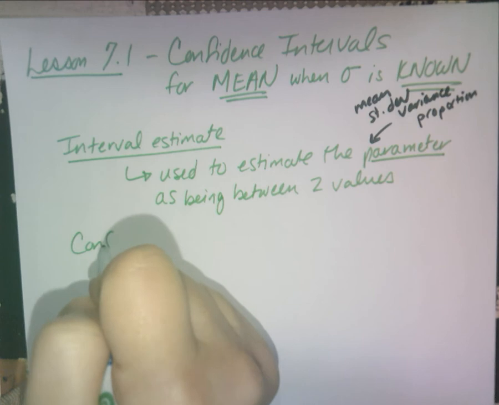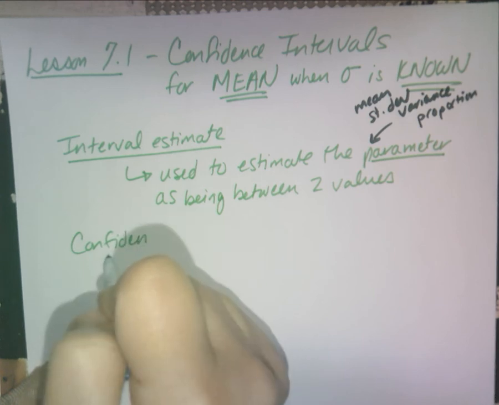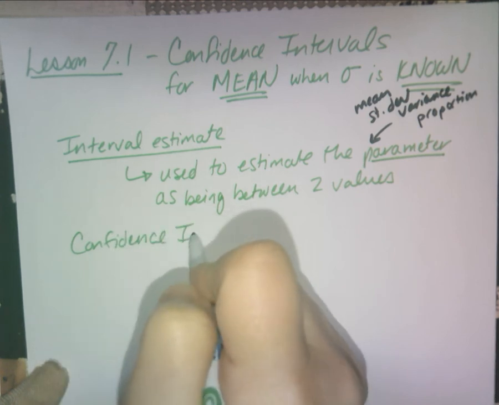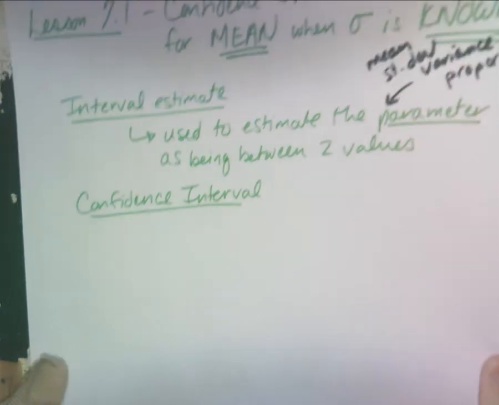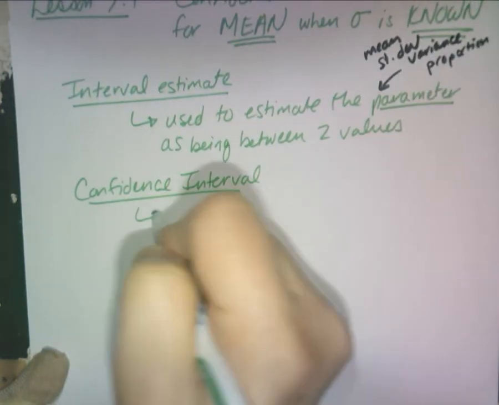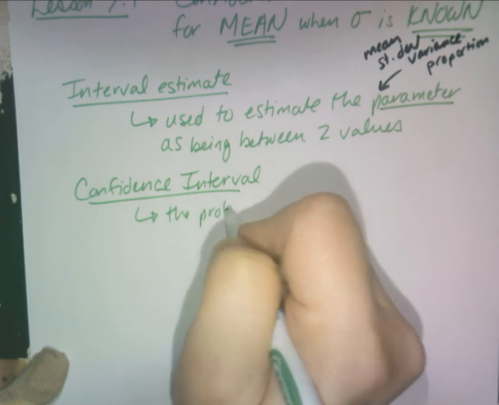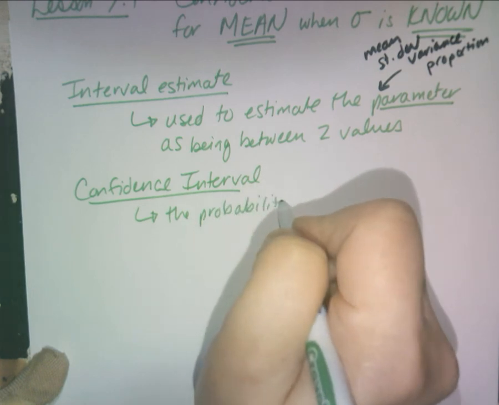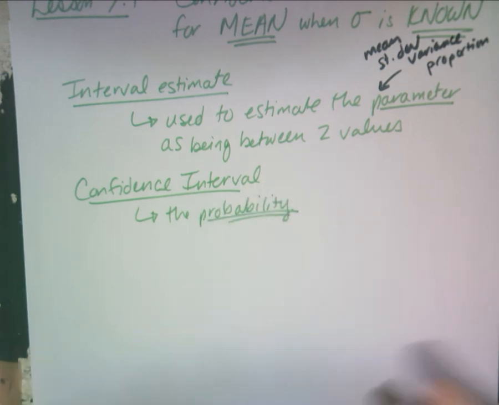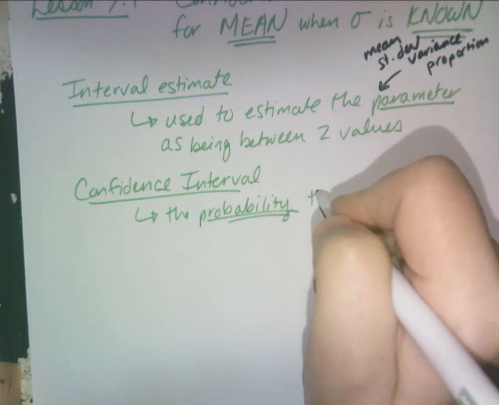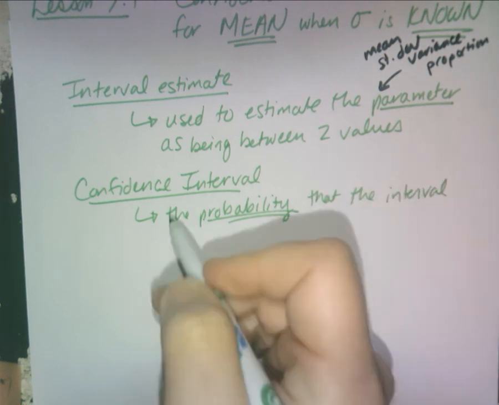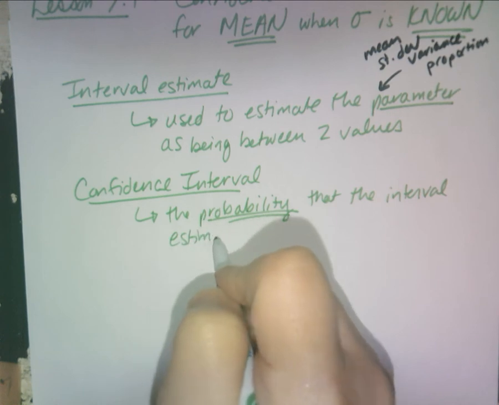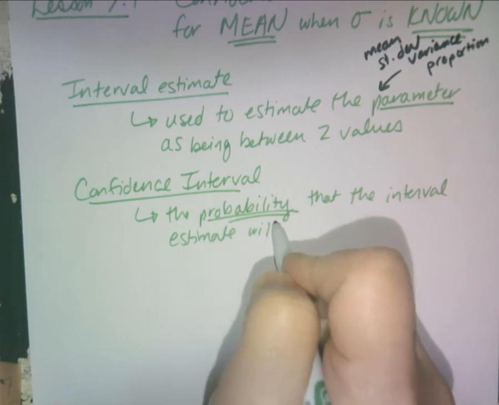Now, what would be the confidence interval? The confidence interval is the probability, that chance that the interval estimate will contain the parameter.